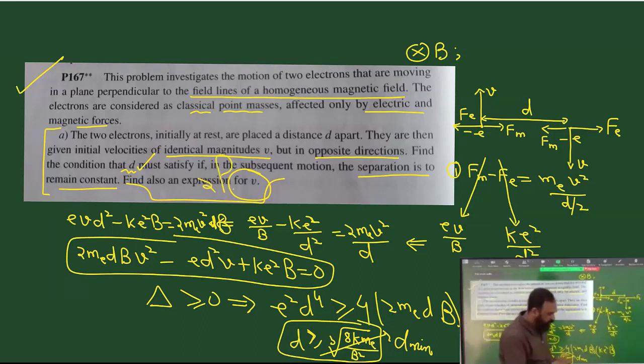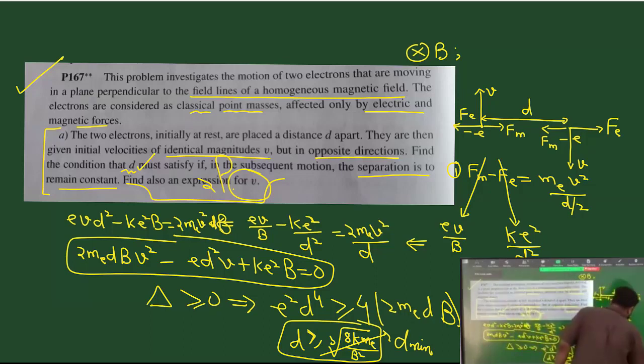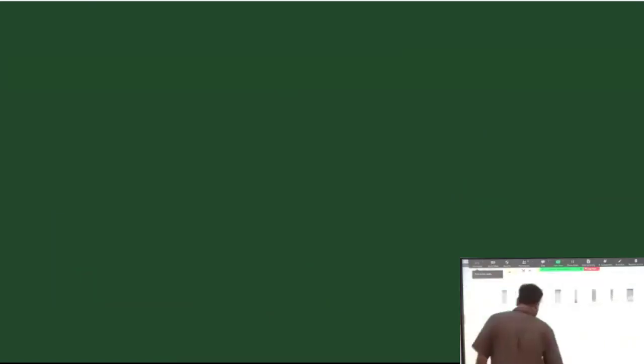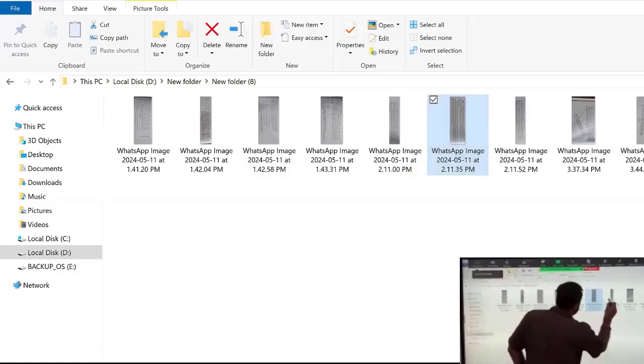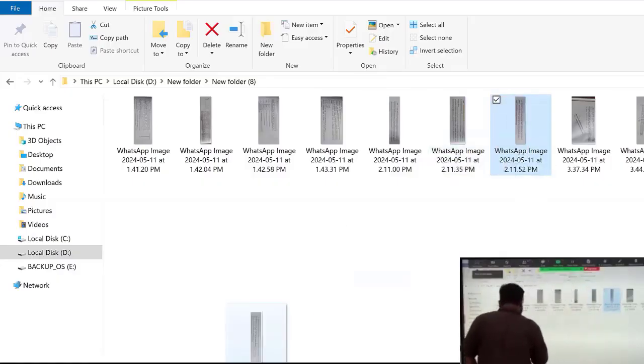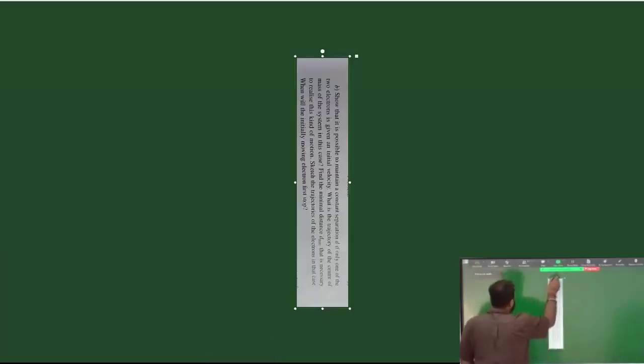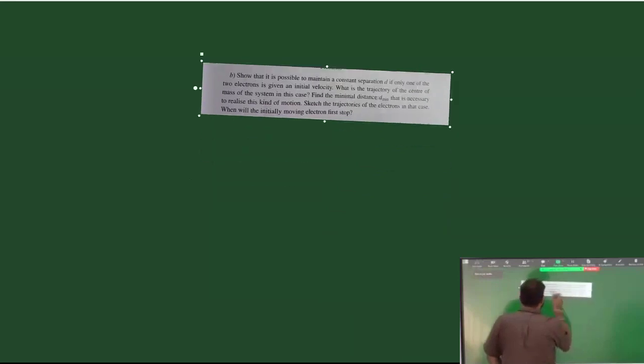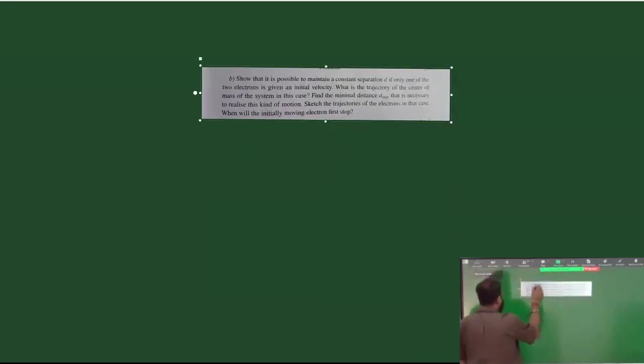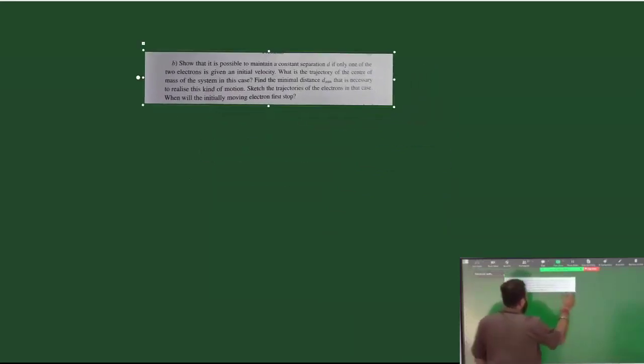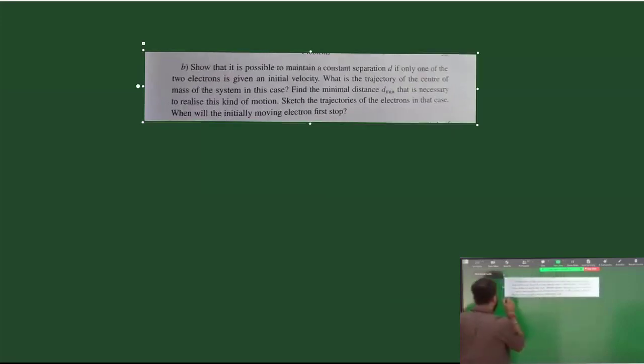Now comes the actual problem. Now what he wanted in the B part of the problem, the important combination, here he was clear. He said, I want to keep one particle at rest and I want to throw the other one. And I'm more interested in the analysis of the problem. Just read it carefully.